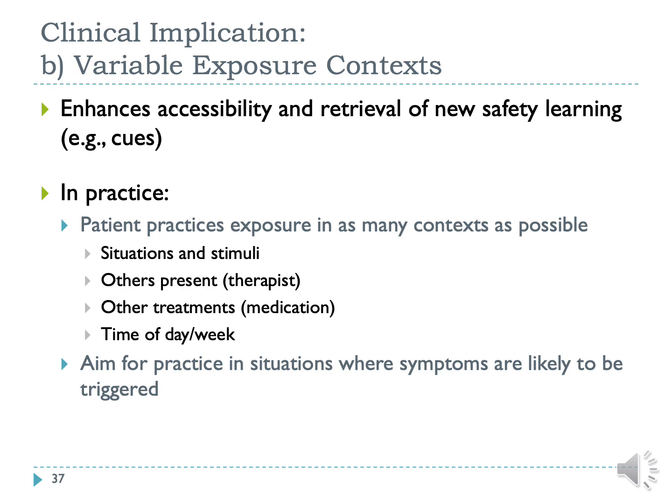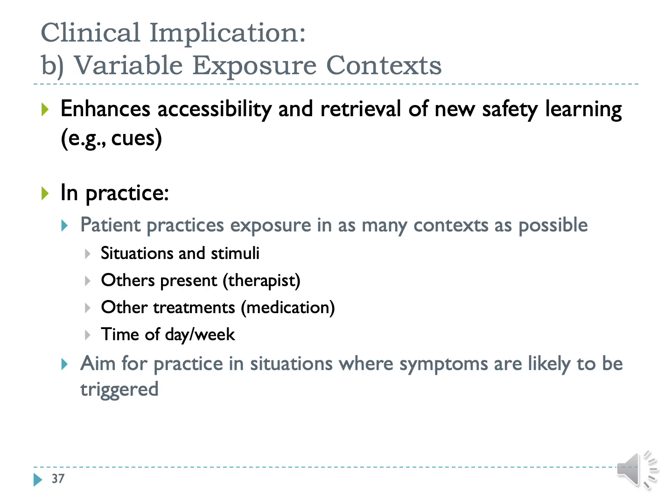So in practice with exposure, we want patients to do exposure in as many different contexts as possible. This means varying up the situations and the stimuli. So don't just do exposure to the bathroom in the clinic. Go out and do it in a bathroom on campus, or in a restaurant, or at the mall, or in a gas station.